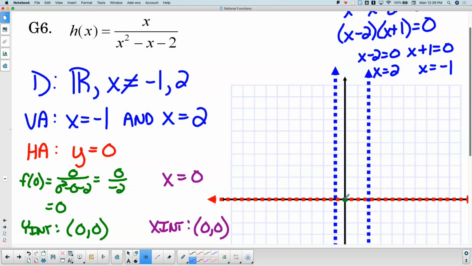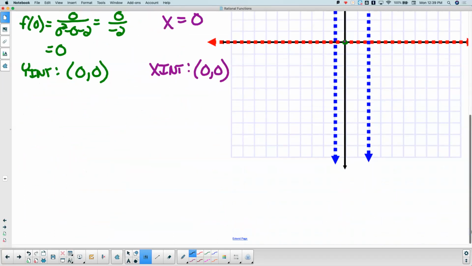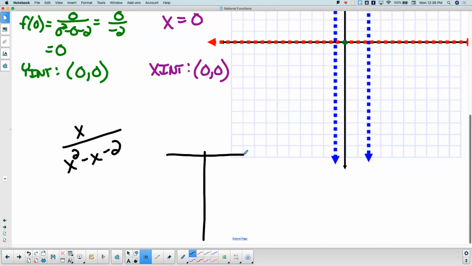Agree? Oh, so that's going to be negative 2, negative 3, and negative 10.